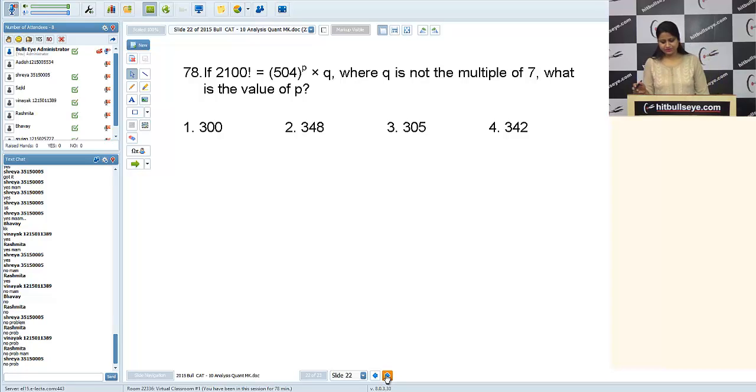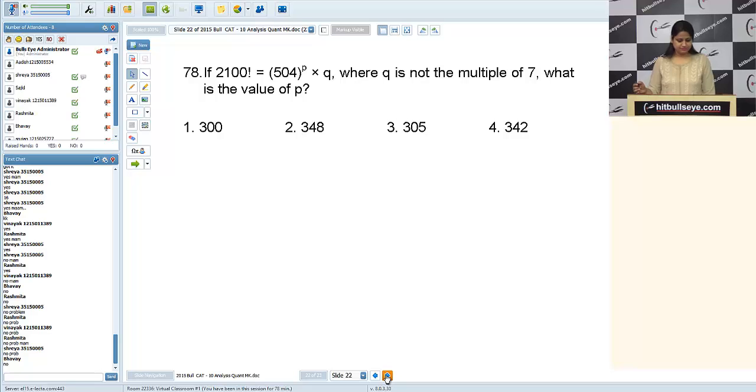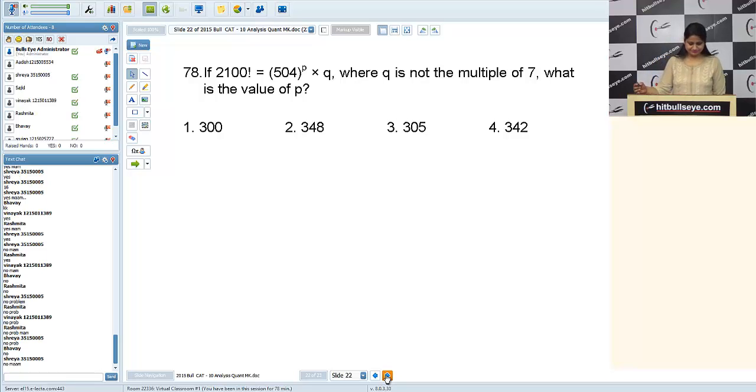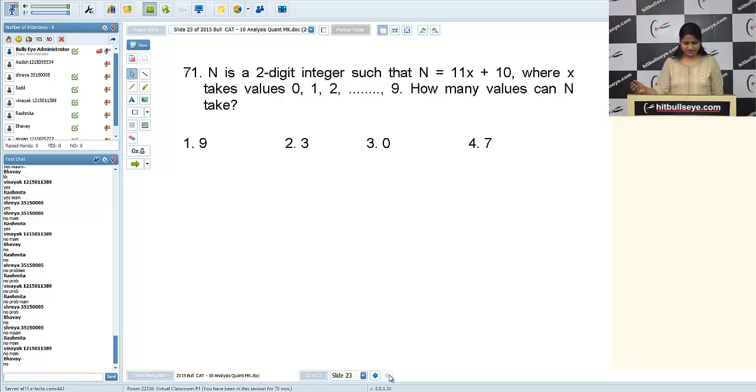Any problem? Highest power question, the number of the highest power of any prime. Any problem in this? Today the crowd is very smart. You don't have any problem in any question. Good. Okay, 71st. That was a nice question on number system. Any problem in this, guys?